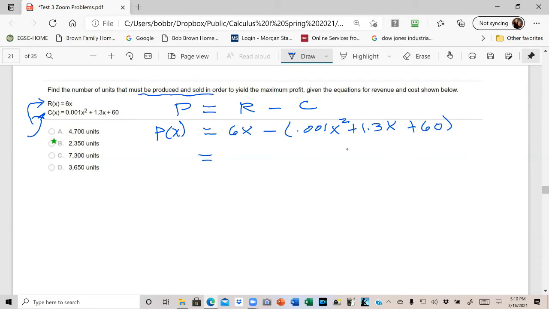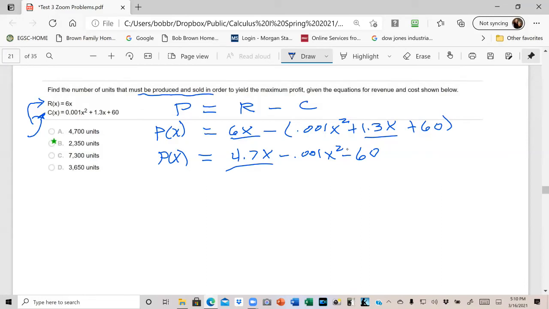Simplifying this, we get P of x is equal to 4.7x minus 0.001x squared minus 60. 4.7 came from 6x minus 1.3x.